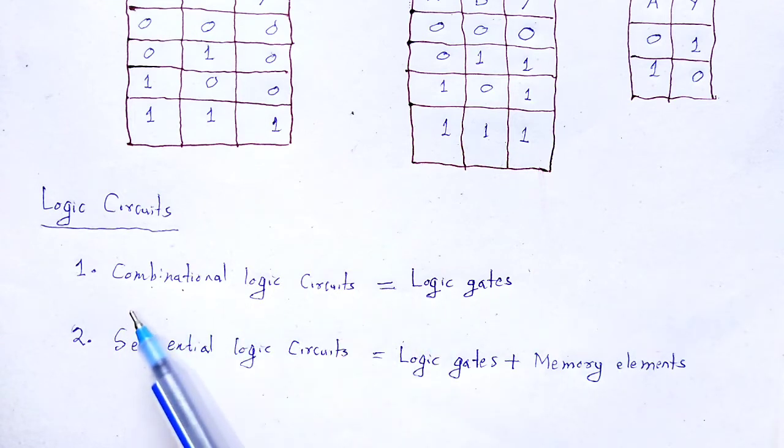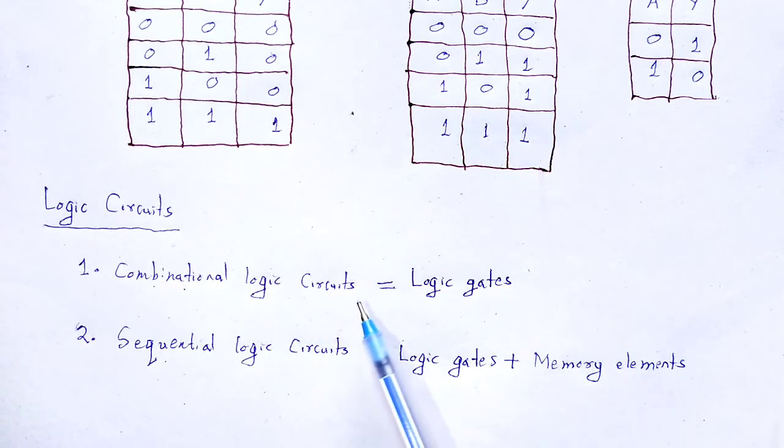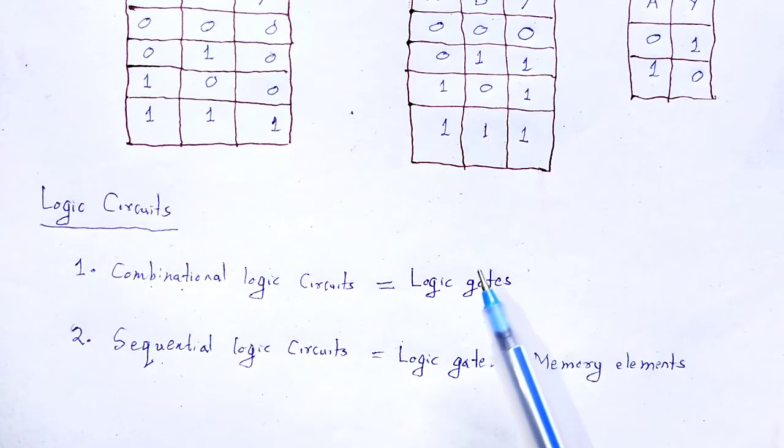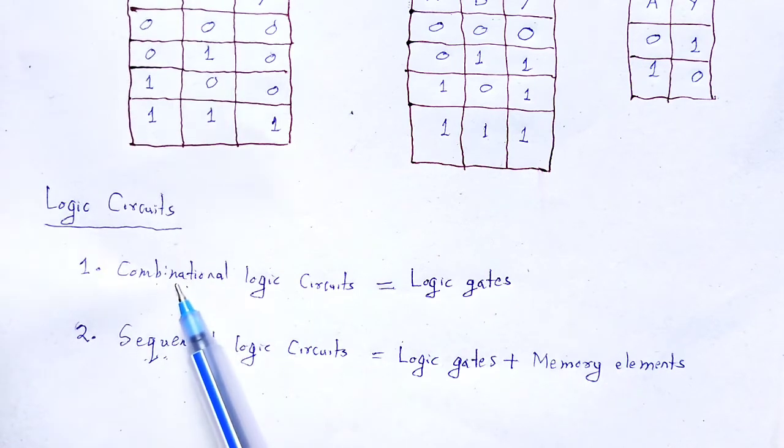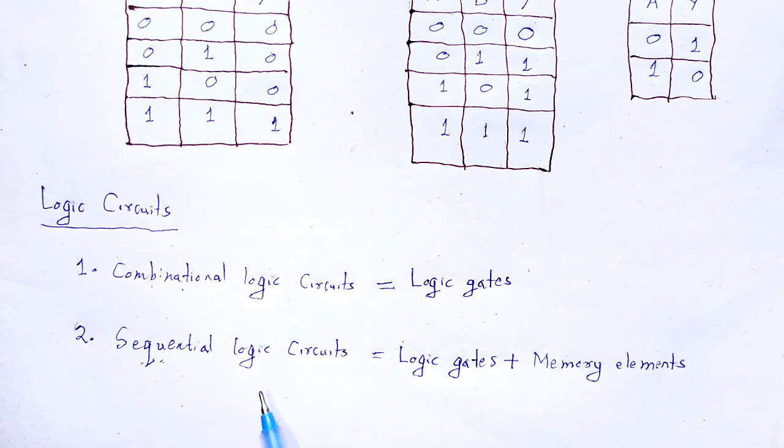So the output of a combinational logic circuit depends upon the external inputs only, whereas the output of a sequential logic circuit depends upon the external inputs and the states of the memory elements, that is the storage elements.